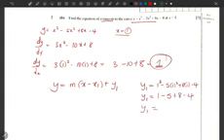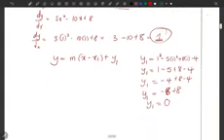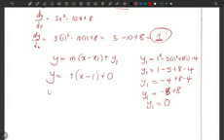You can see that this will give me negative 4 plus 8 and negative 4, so negative 8 plus 8. So y1 is 0. So y is equal to 1 times x minus 1 plus 0, so y is equal to x minus 1. That's the equation of the tangent.